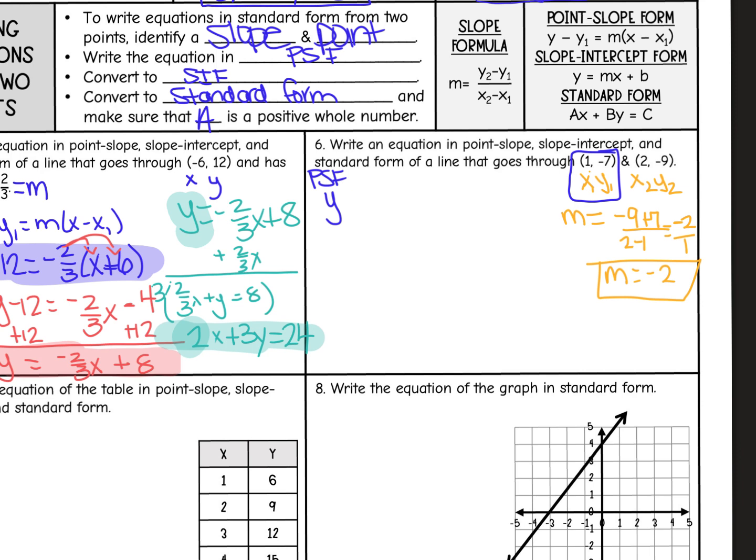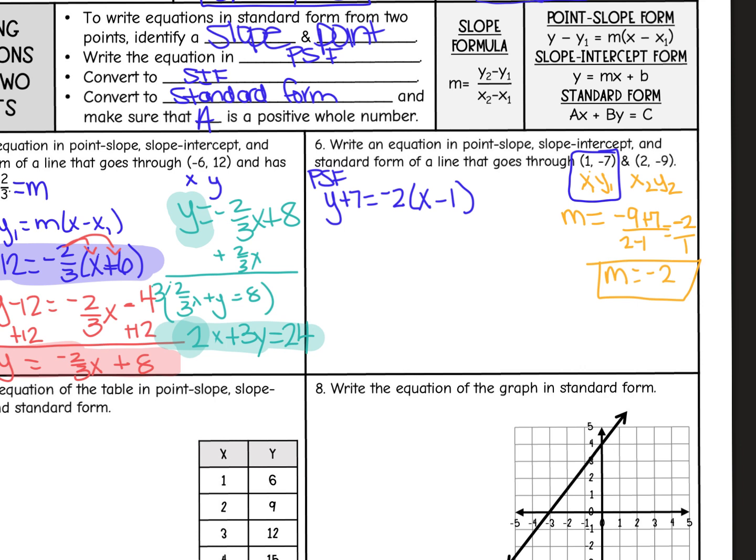My y1 is -7, so that's going to turn into a +7, equals my m. I found my slope, which is -2, x minus my x1, which is 1. Okay. And I have point slope form.